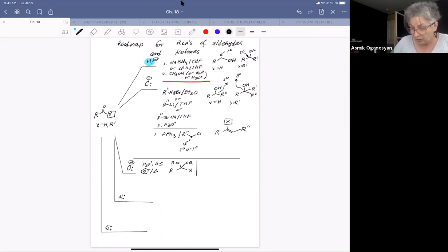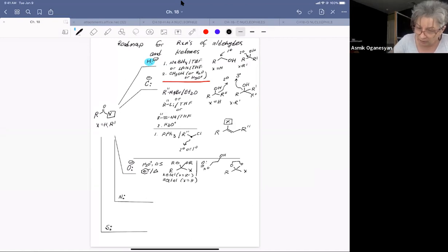Special case here, if your oxygen source is a diol, then in that case you will be forming a protecting group. Okay.